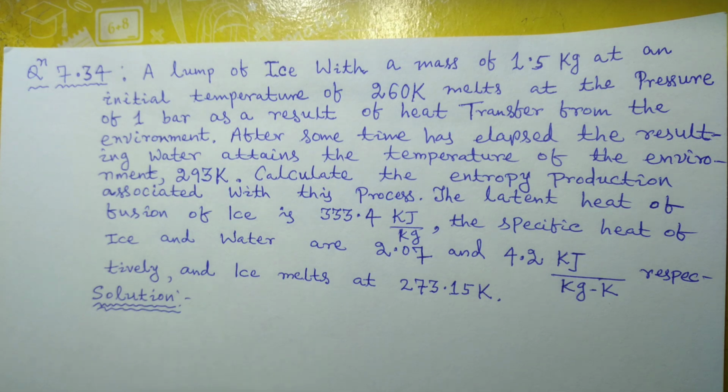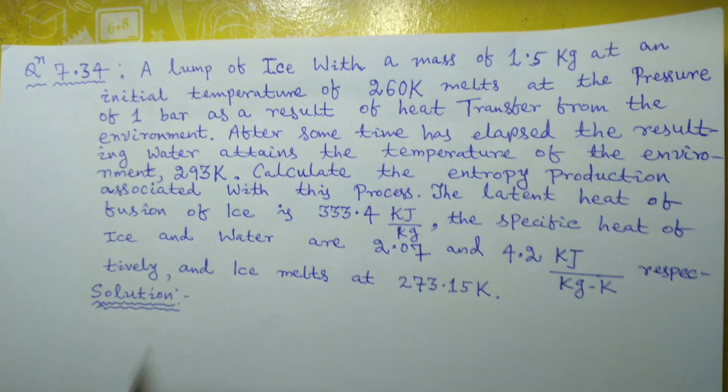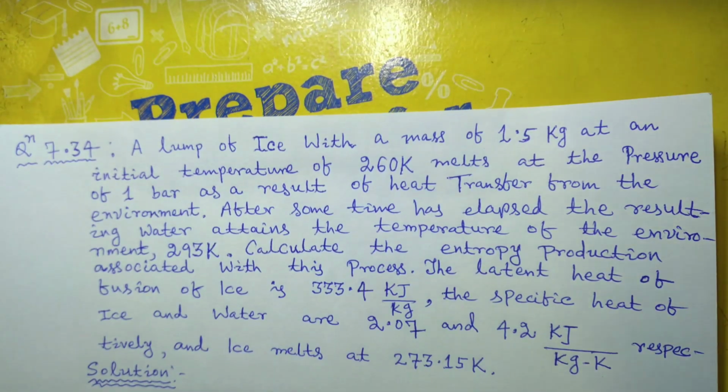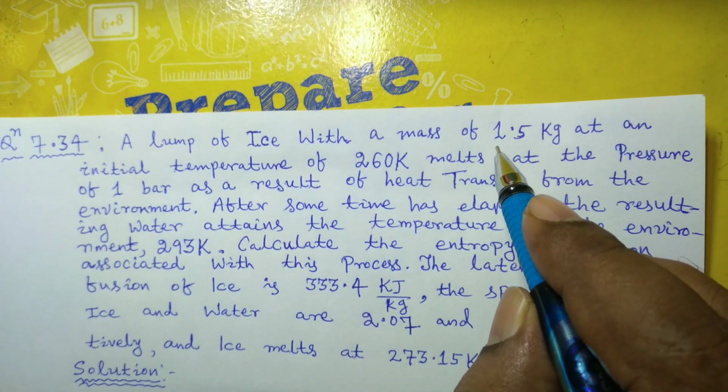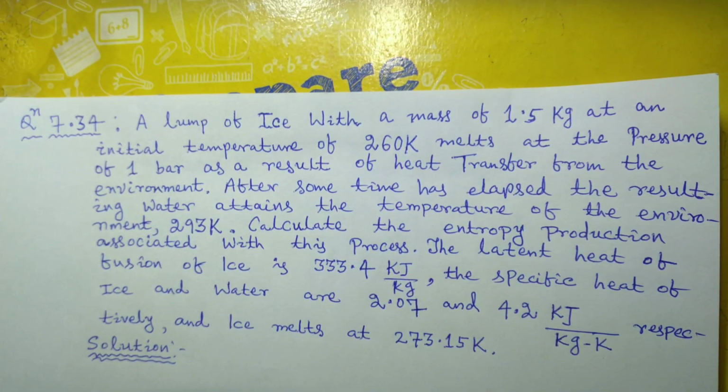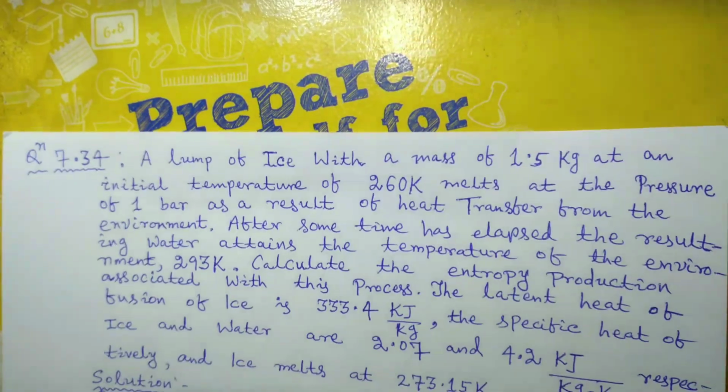Let's get started. The question number 7.34 is like this. A lump of ice with a mass of 1.5 kg at an initial temperature of 260 Kelvin.